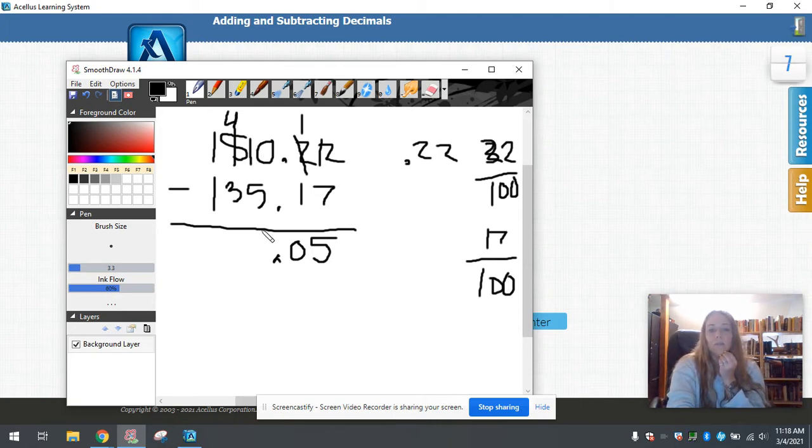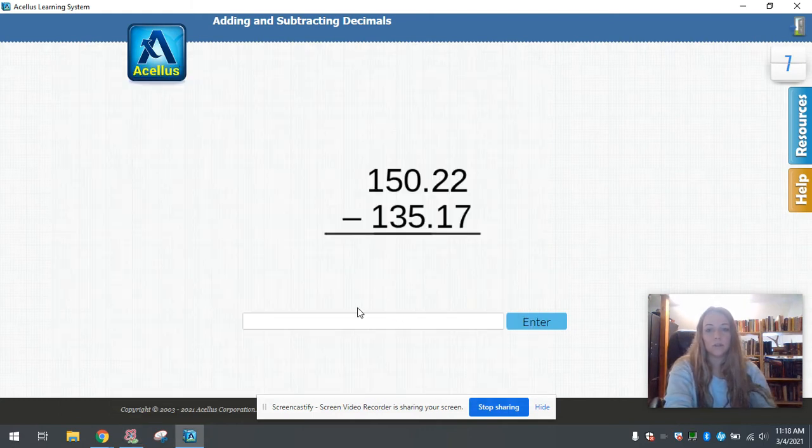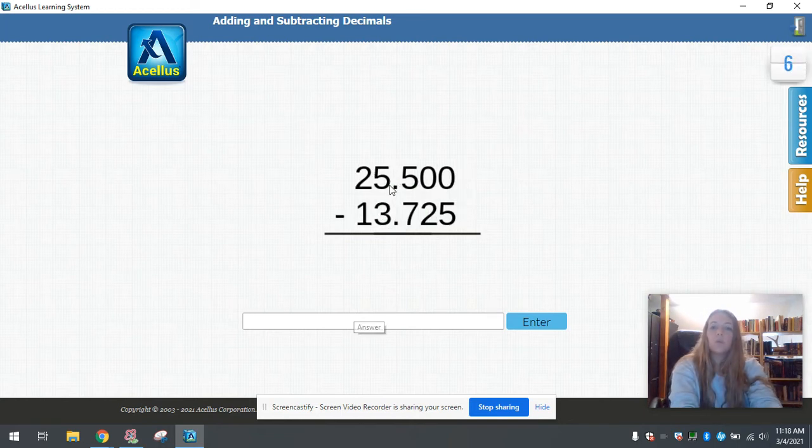So then I have 10 minus 5, and that's 5. 4 minus 3 is 1. 1 minus 1 is 0. I do not have to write the 0 here, so I'm not going to. So my answer is 15.05, or 15 and 5 hundredths.